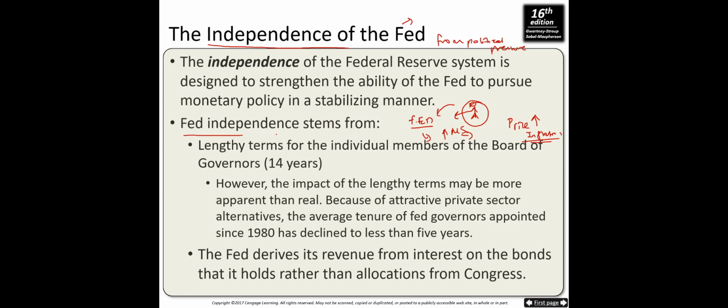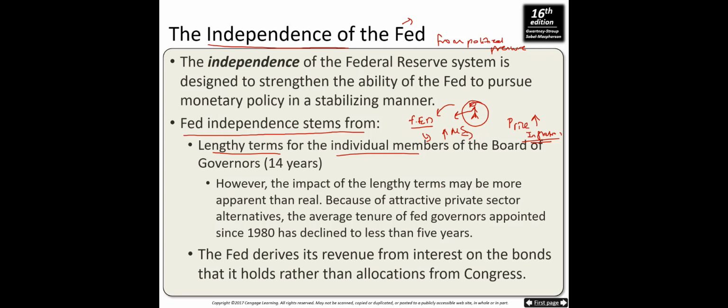So Fed independence stems from lengthy terms for the individual members of the Board of Governors. Although the Board of Governors are appointed by the President and confirmed by the Senate, their tenure is 14 years. Having 14 years of tenure actually makes these people independent of political pressure, because political parties, when they are elected, run for 4 years, and for 2 terms, 8 years.